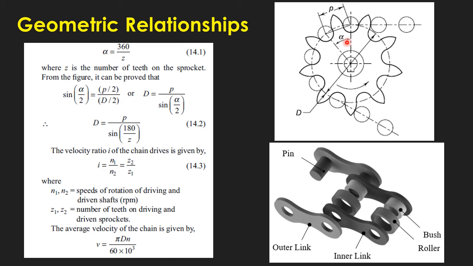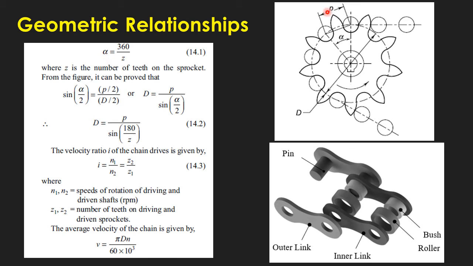It can generally be obtained if you consider the entire circumference, that is 360 degrees of the wheel circumference. So 360 degrees divided by the number of teeth on the sprocket will give you the pitch angle that needs to be measured.